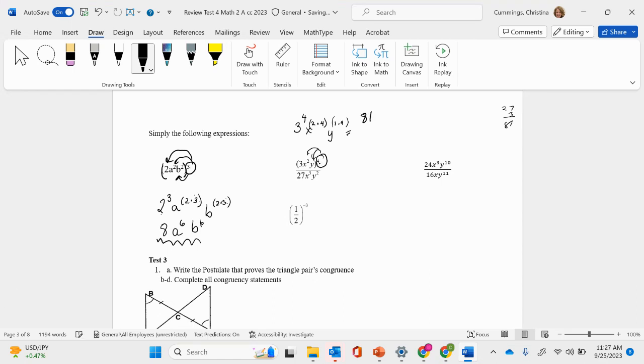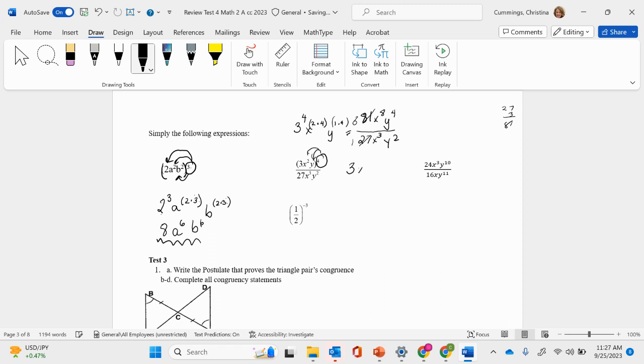So it's 81 x to the eighth, y to the fourth, over 27 x cubed, y squared. Okay, 27 times 3 is 81. So that reduces to 3 over 1, which is 3.